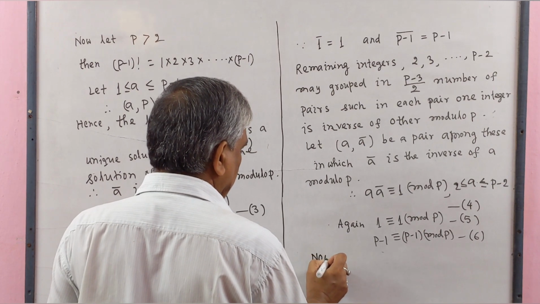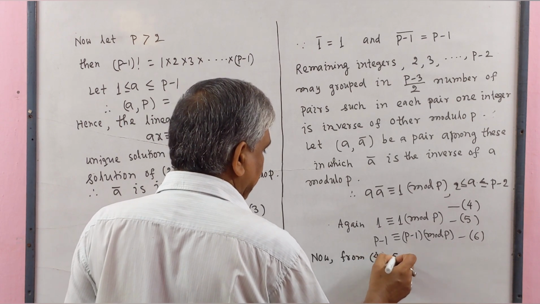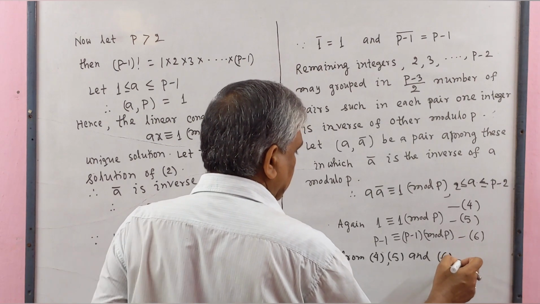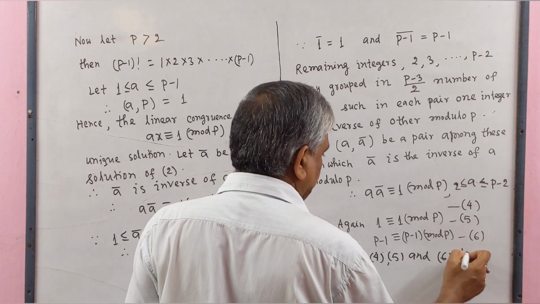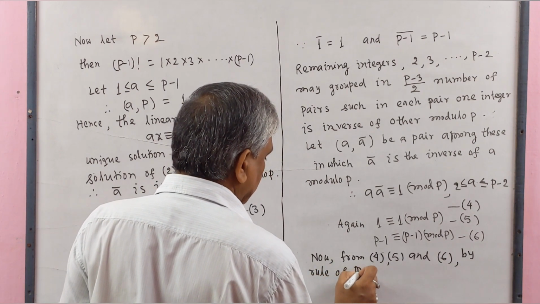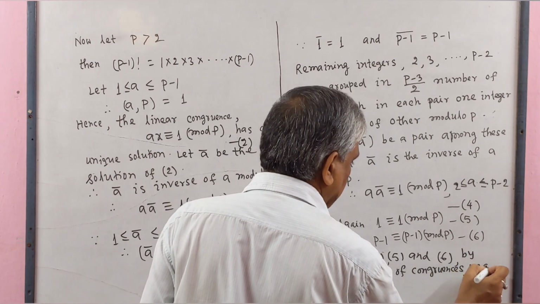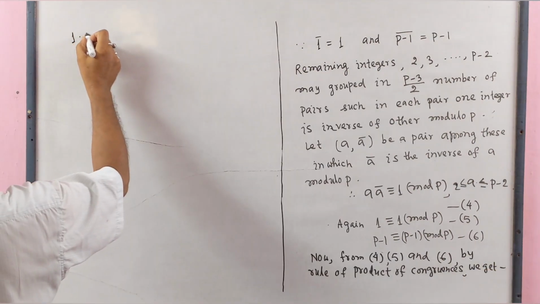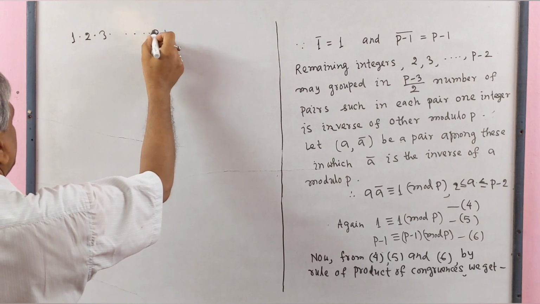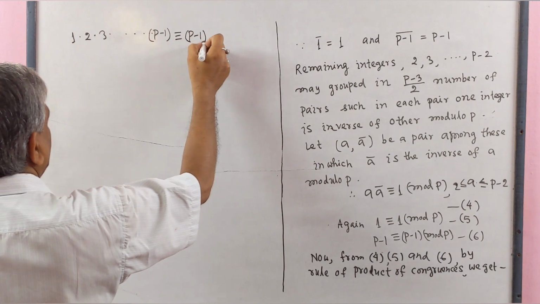Now, from 4, 5 and 6, by the rule of product of congruences, we get 1 multiply 2 multiply 3 up to p minus 1 is congruent to p minus 1 modulo p.